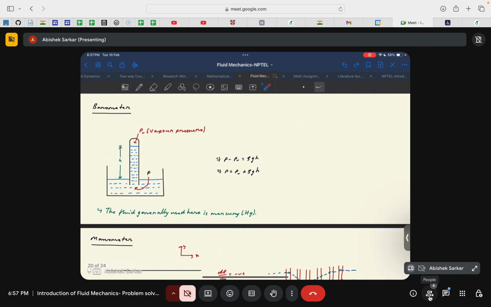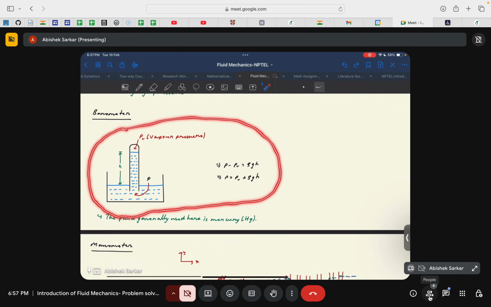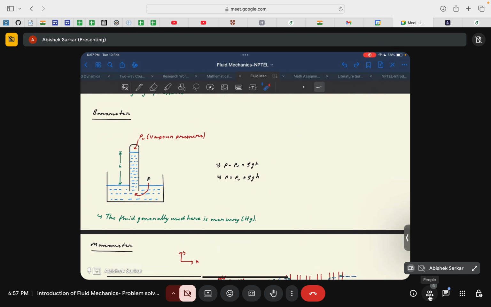So there are two flow devices that we will consider that apply the concept of this hydrostatic law. First is the barometer. Basically, if you want to measure the pressure inside this tube. I'm sorry, I have not looked into the elaborate diagrams or the utilities of the barometer, but I'm looking into the application of the hydrostatic law in the working of a barometer.